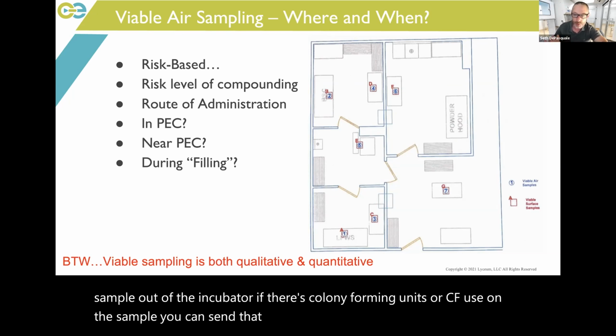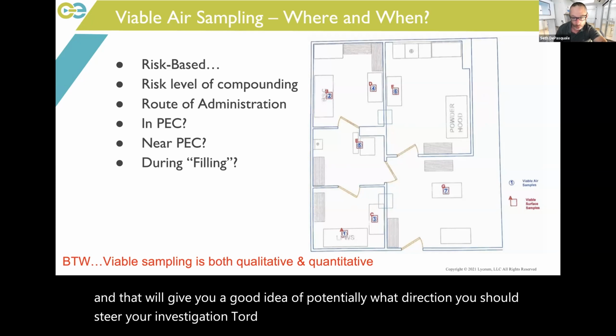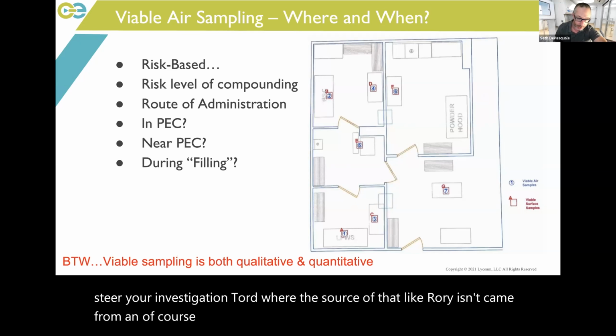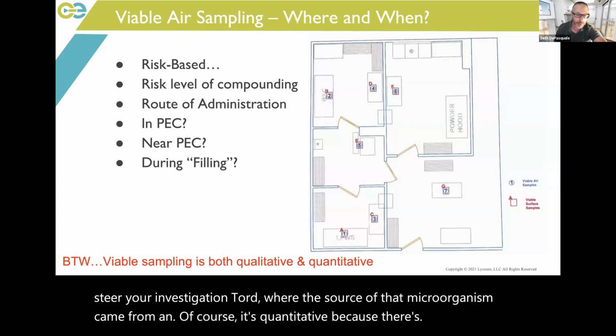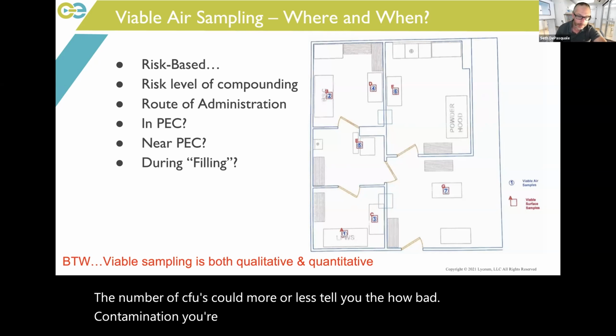You can get those organisms identified, and that will give you a good idea of potentially what direction you should steer your investigation toward, where the source of that microorganism came from. And of course, it's quantitative because the number of CFUs could more or less tell you how bad of a contamination you're having in an area.